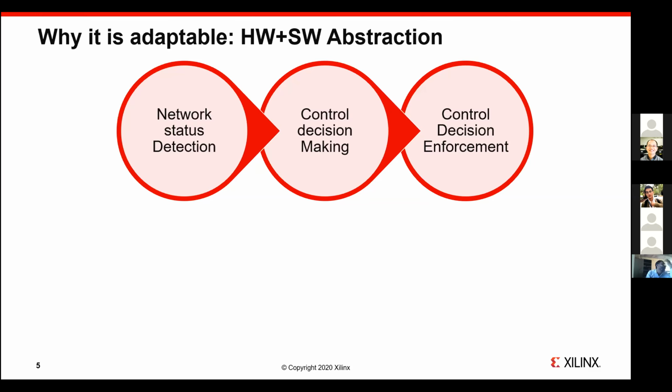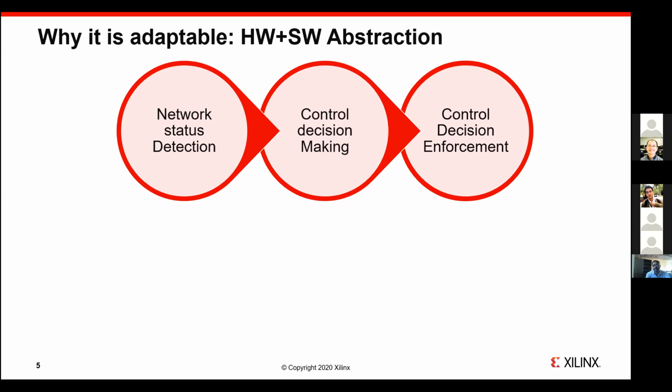Then based on the measurement result, you have algorithms to calculate how to control the rate or the sending window. In the third phase, you enforce the policy you just calculated in the second phase. We call that congestion control enforcement, phase 3.